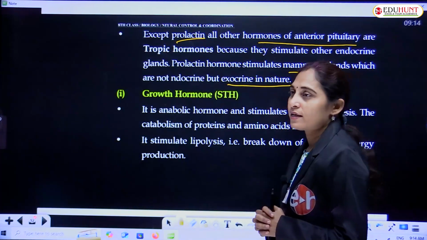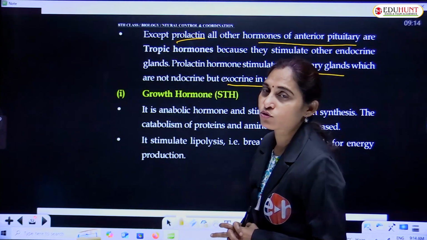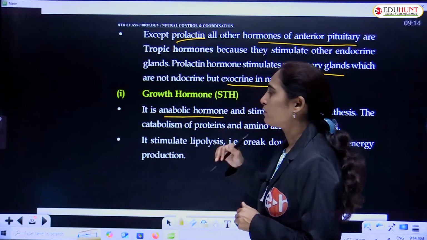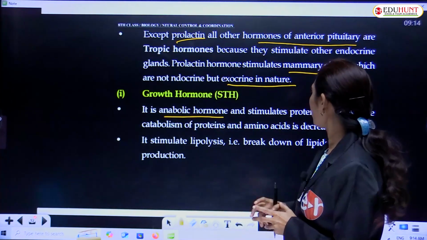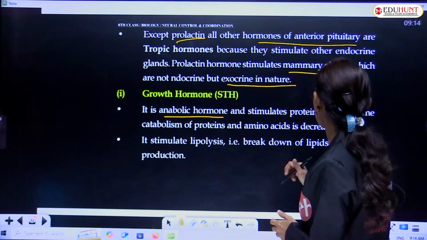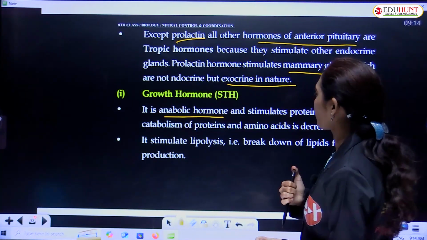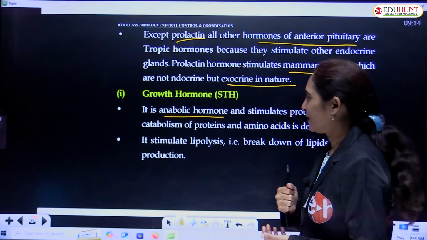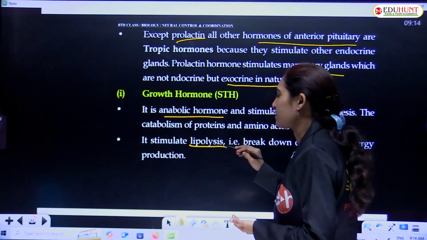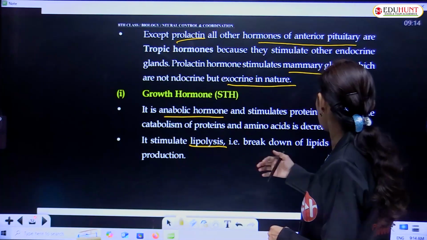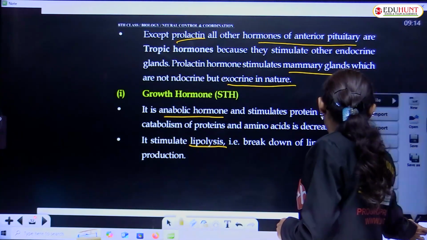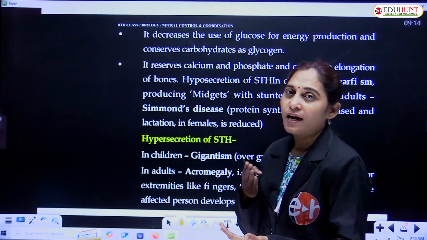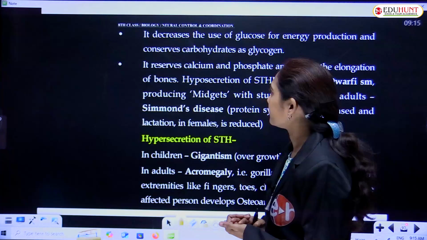First hormone, the growth hormone or the somatotropic hormone. It is an anabolic hormone and stimulates protein synthesis. The catabolism of proteins and amino acids is decreased, and it stimulates lipolysis, the breakdown of lipids, for production of energy.